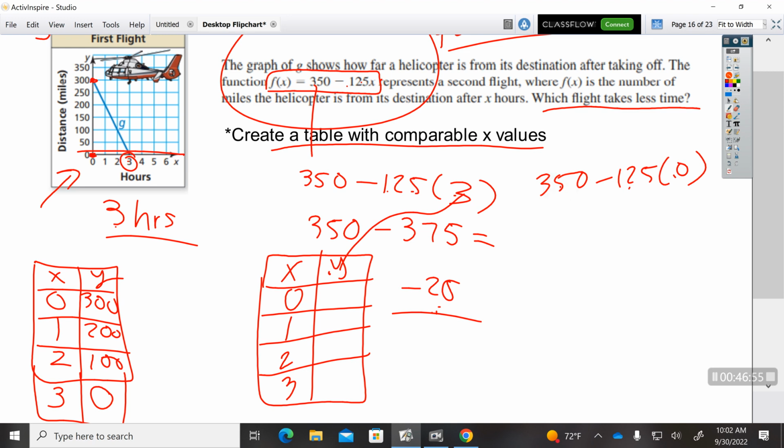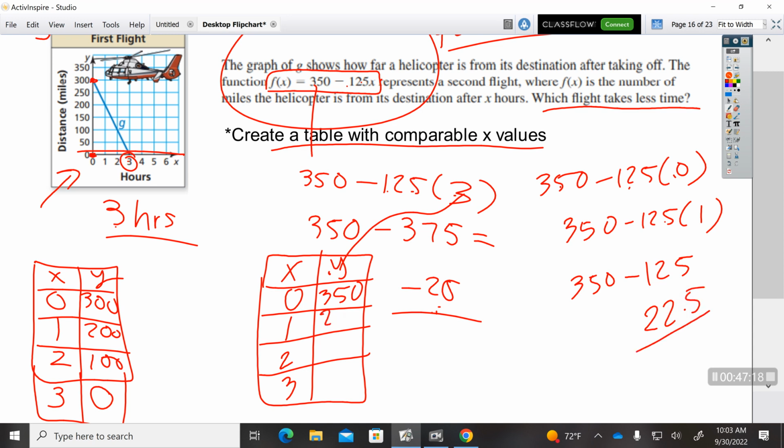So the only thing left is 350. Now grab the 1, plug it in. What's negative 125 times 1? Negative 125. And 350 minus 125, 225, 225.